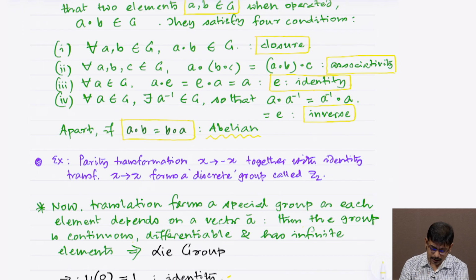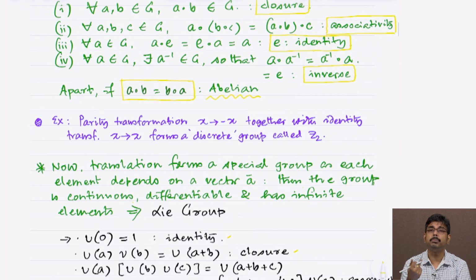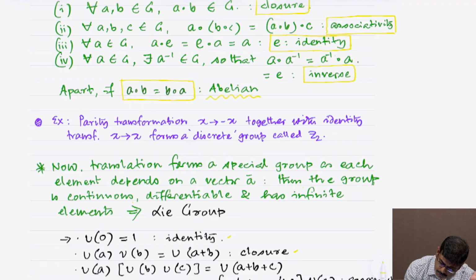Now, there is an interesting thing that I explicitly mention here. For example, the parity transformation, which we have already talked about, is basically a reflection symmetry, like x going to minus x. This together with the identity transformation, which is where you do not transform, you can imagine as the identity, and this is the non-trivial transformation that you have.